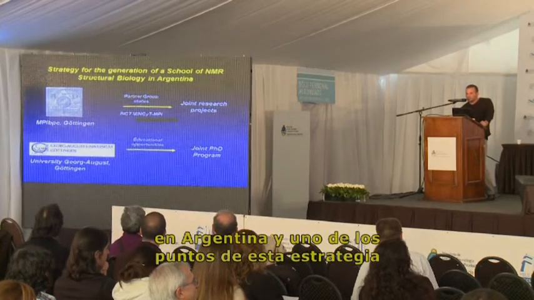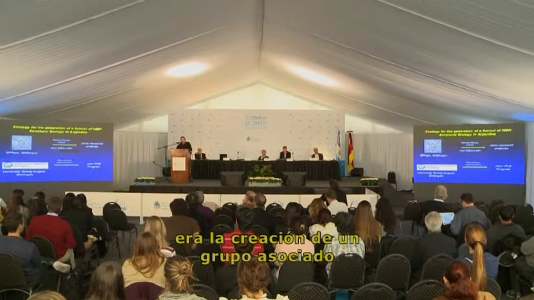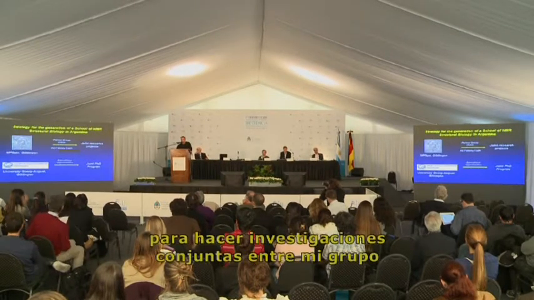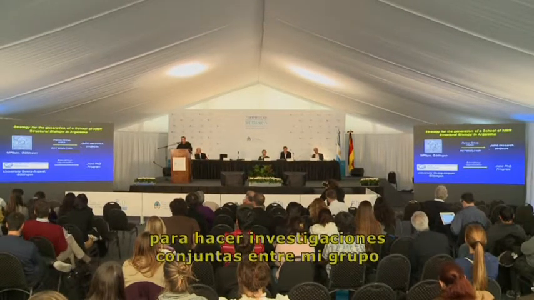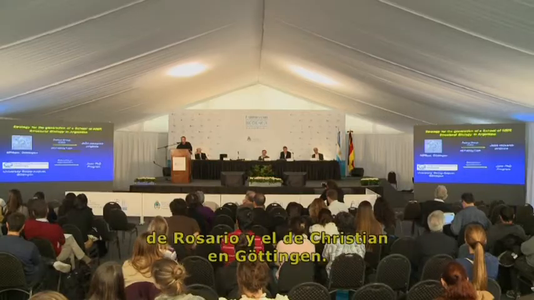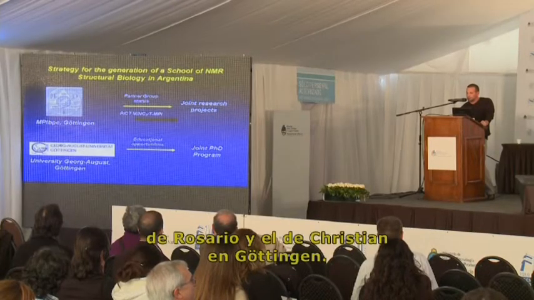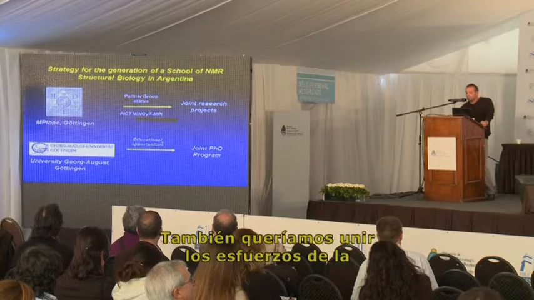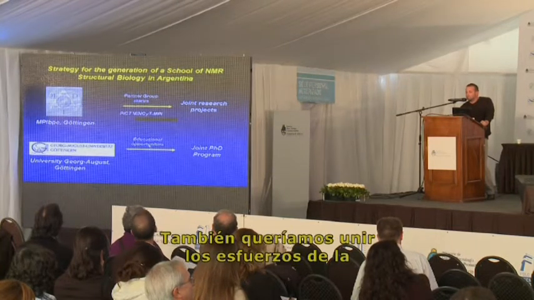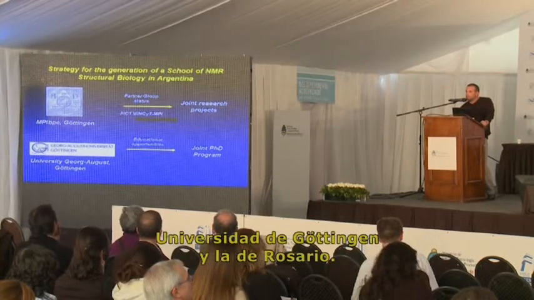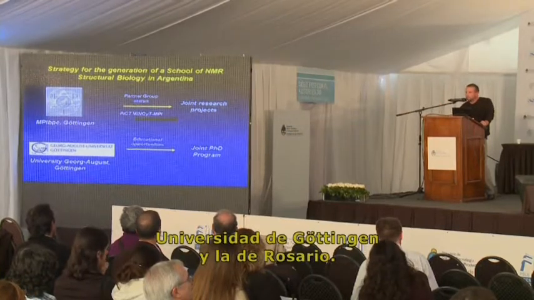One of the points of this strategy was the creation of a partner group to develop joint research projects between my group in Rosario and the group headed by Christian Griesinger in Göttingen, and also to create education opportunities that link the University of Göttingen with the University of Rosario.